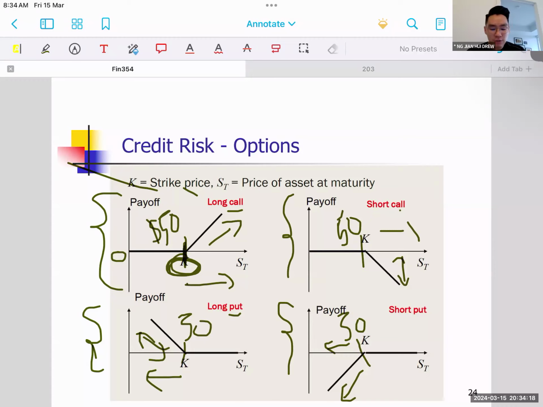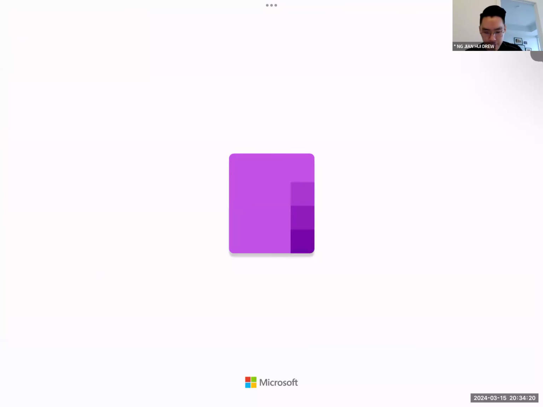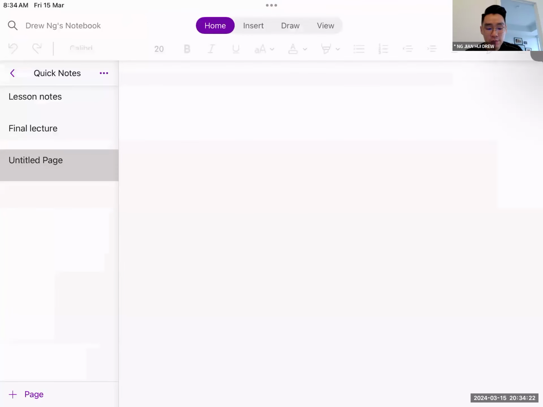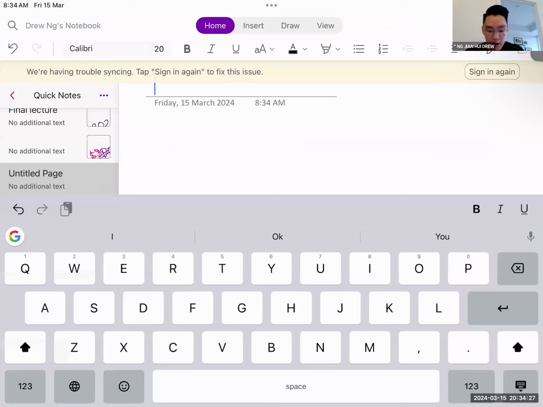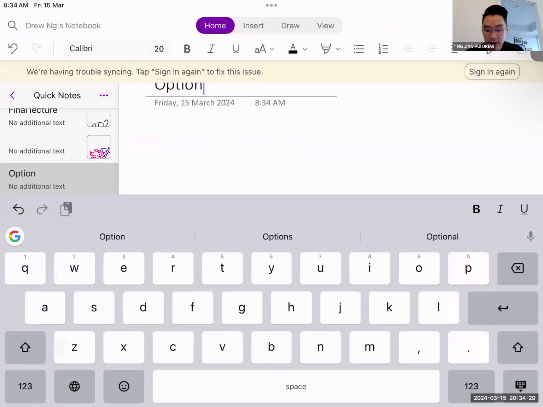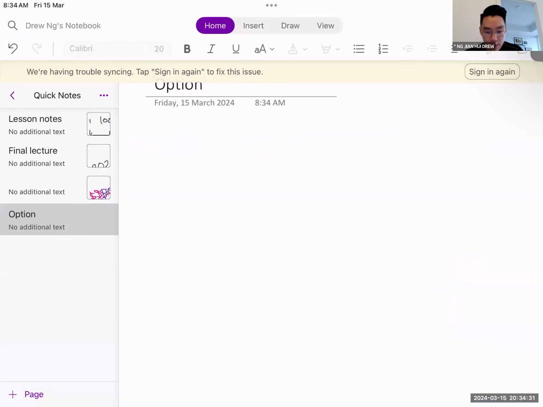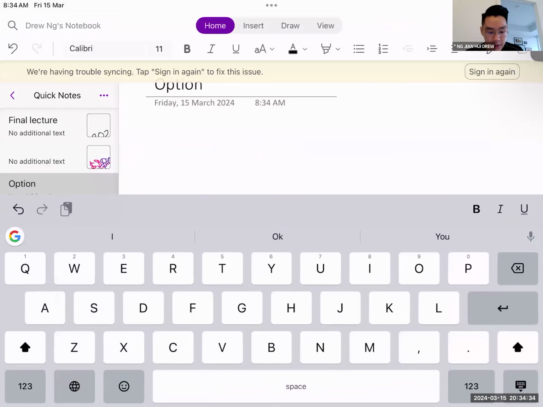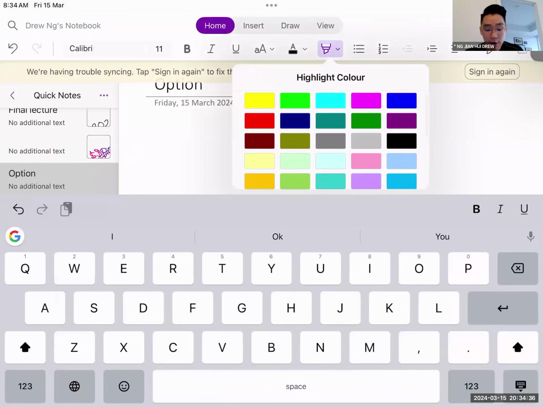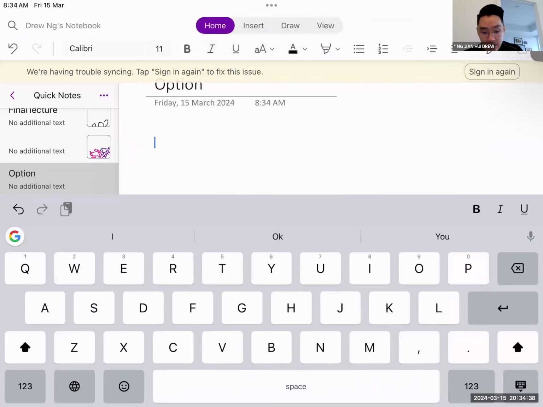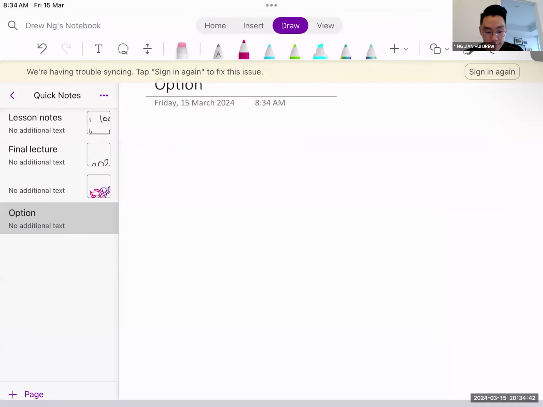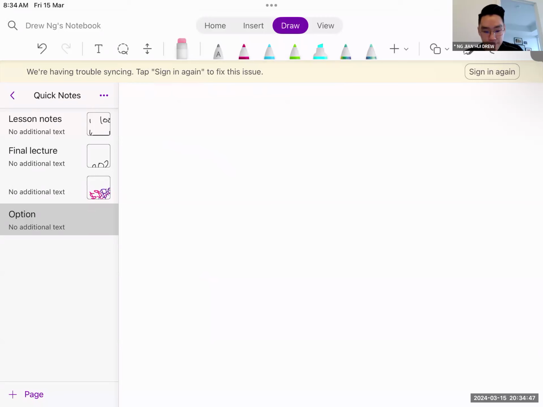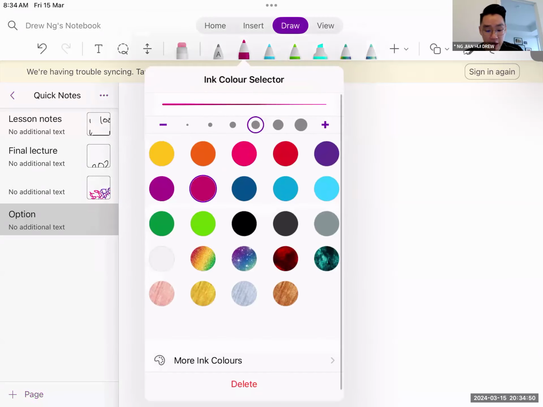So I'm just going to jump to my OneNote, and then we will use the OneNote to explain other kinds of options, by using what we have understood about vanilla options.